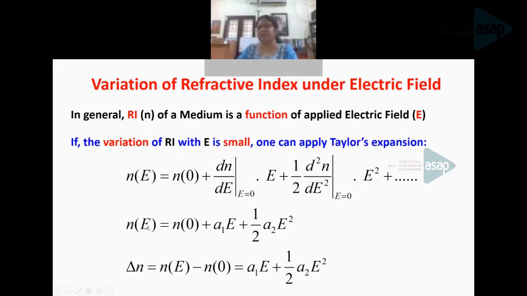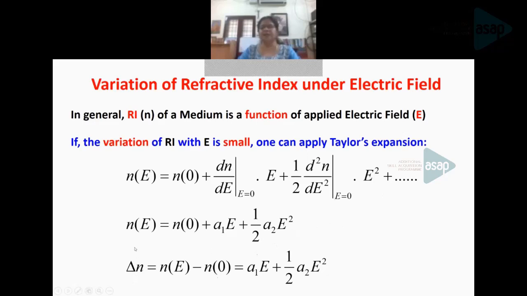So n of E can be written as n of 0, where n of 0 means the refractive index in the absence of the field, plus a constant, because it is the derivative at E equal to 0, a1 E, plus 1 by 2 another constant a2 into E square. No etc., because we are truncating here.